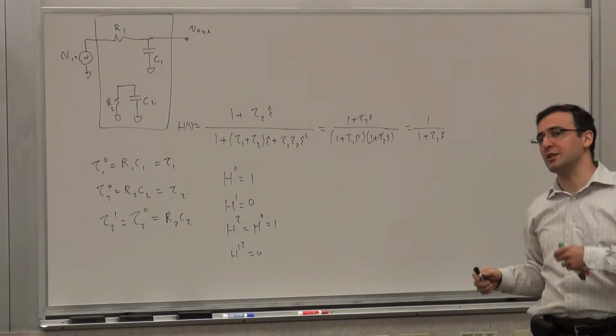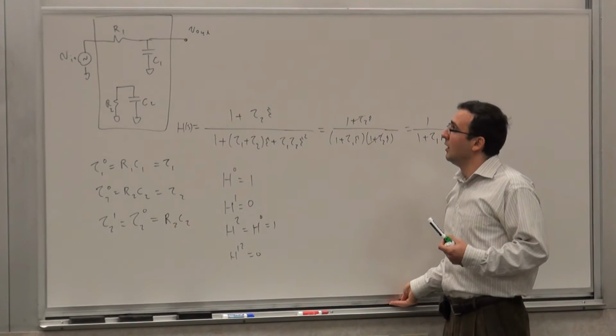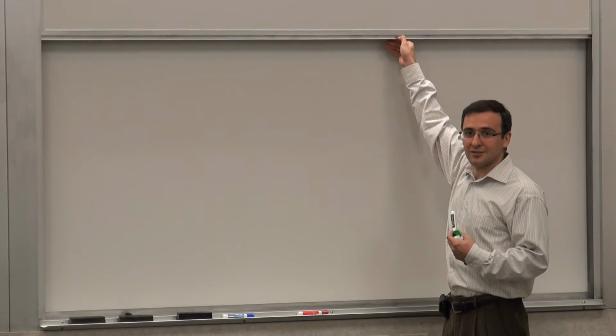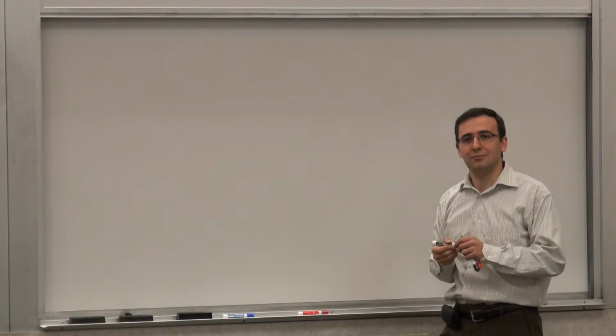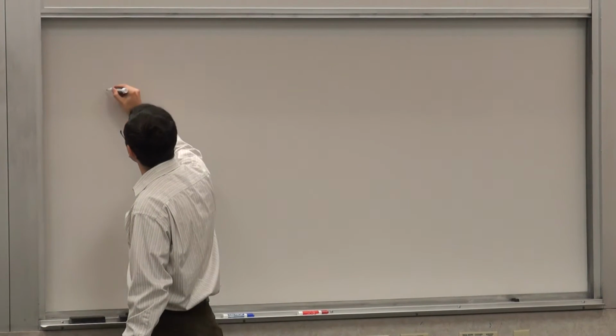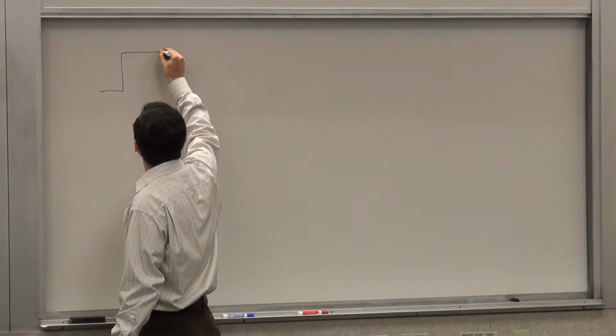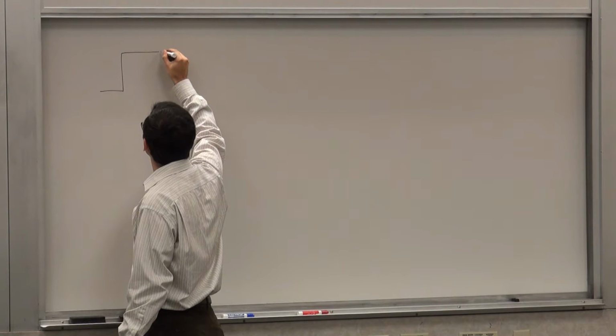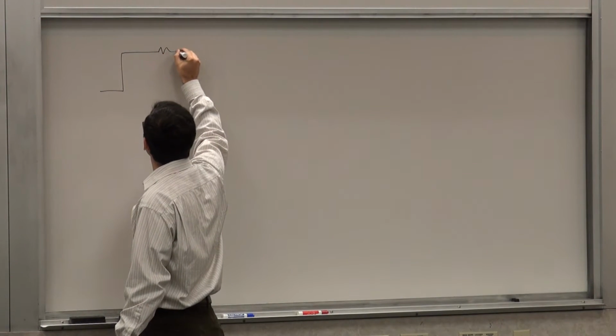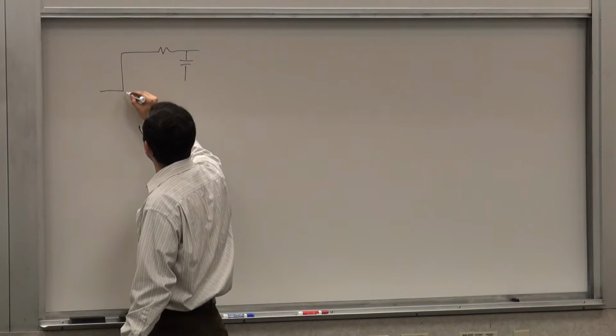Now, you also asked another question earlier about whether or not zeros are decoupled in general. Let me give you another example. So let's imagine that you have two RCs in parallel.